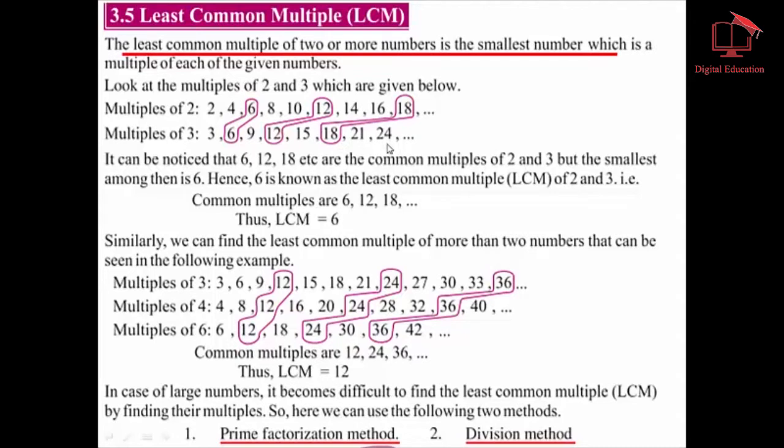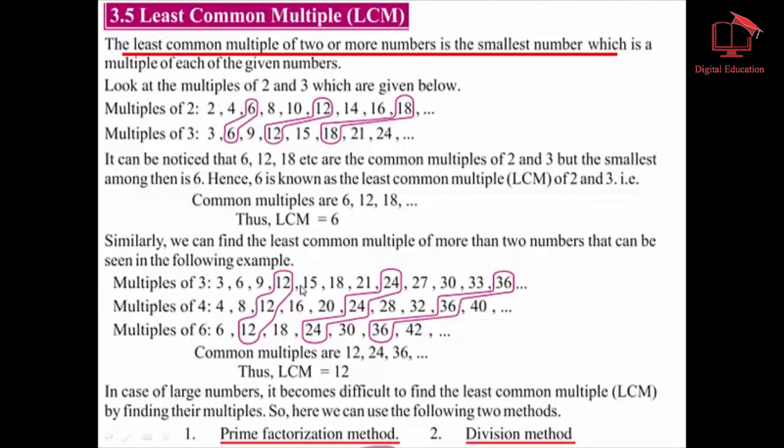Now we will highlight those common multiples of 3 and 2. Now 6, 12 and 18 are the common multiples, and the smallest of these common multiples is 6.